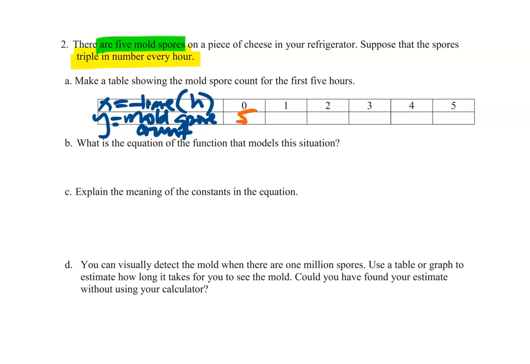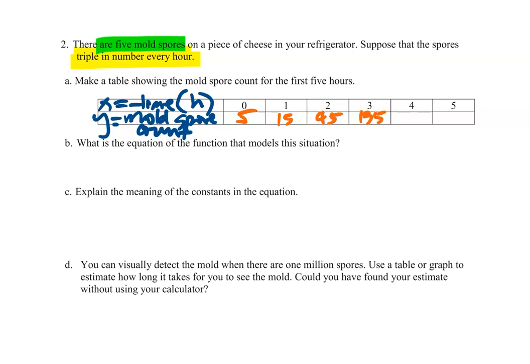So the first hour, if you triple 5, that's 5 times 3, which is 15. That's correct. The second hour, if you triple 15, that's 45. If you triple 45, that is 45 times 3, which is 135.